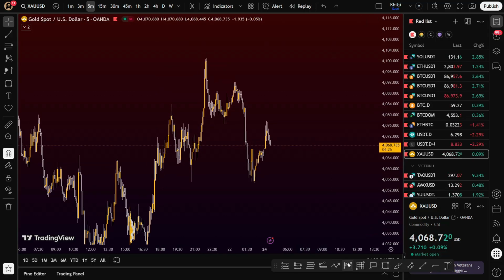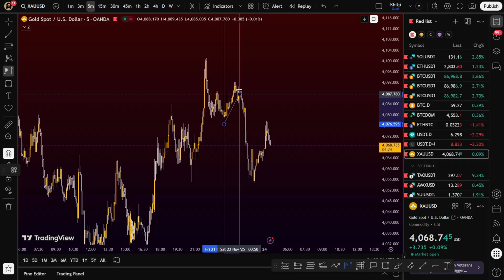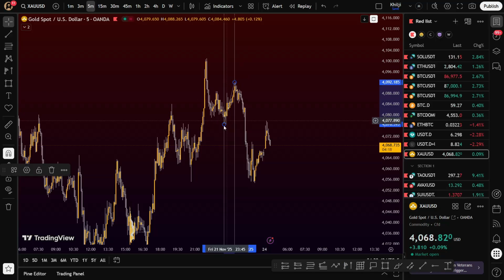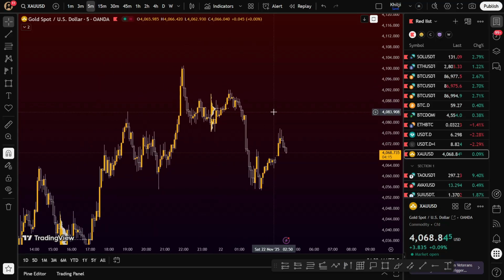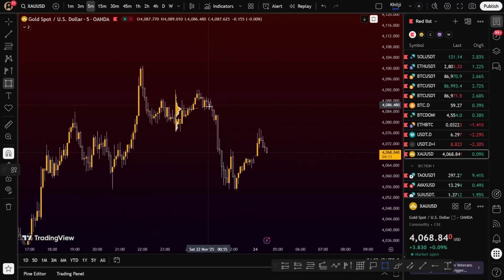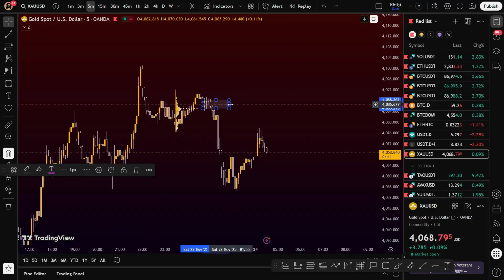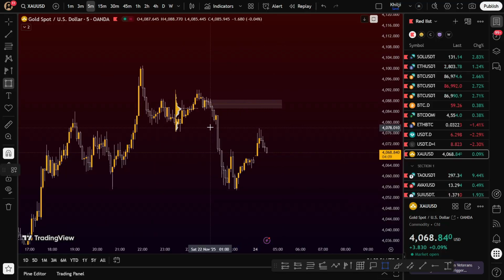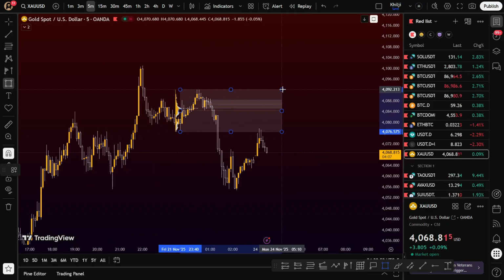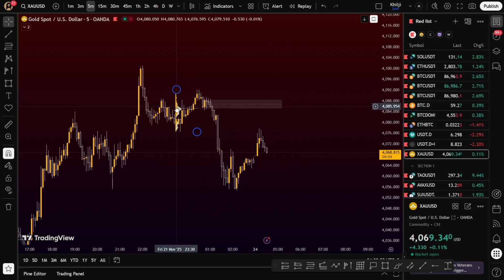What about over here? From the low to the high. Actually, put it from the low to the high, not until the point where it breaks. I think that's what I'm mistaking. From the low to the high, because that is what our zone is. So in this case, we will have supply around here within this complete glitch.